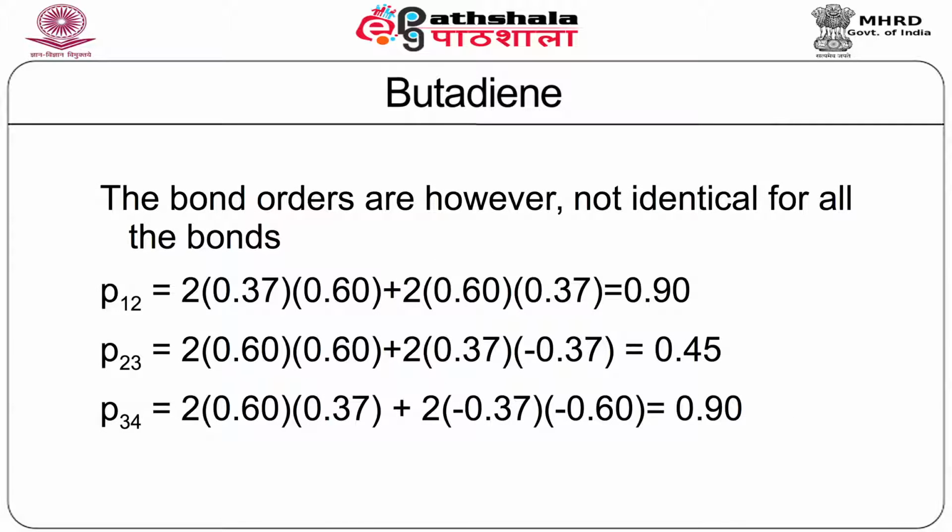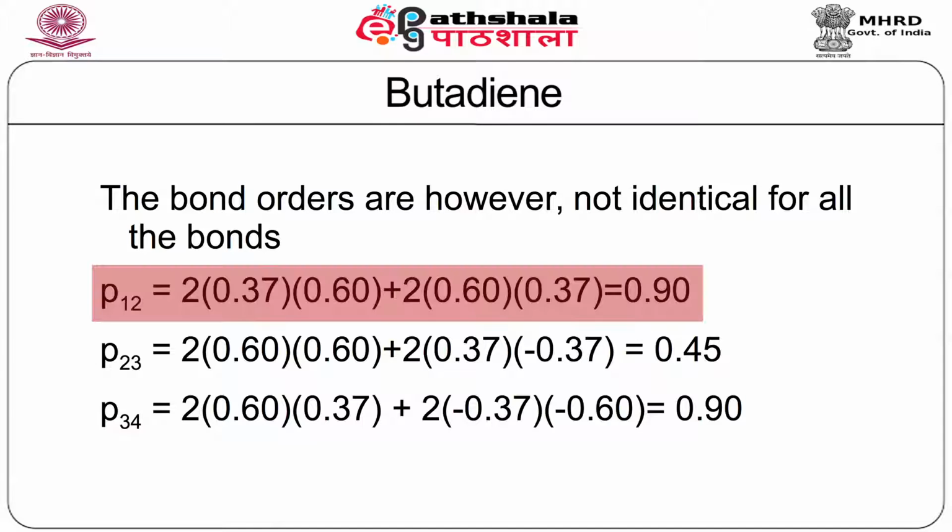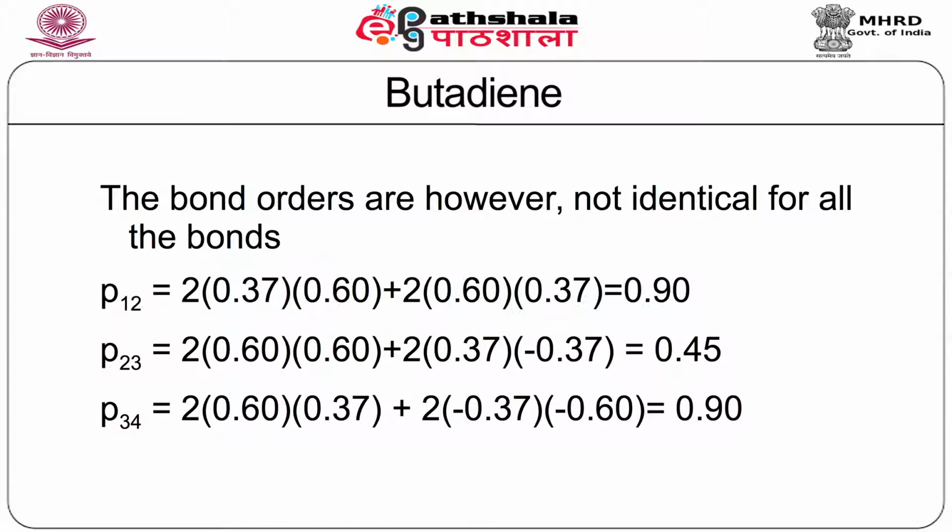The bond orders in butadiene are, however, not identical for all the bonds. For example, if we calculate P12, we find that this is equal to 2 into 0.37 into 0.60 plus 2 into 0.60 into 0.37, and that is equal to 0.90.